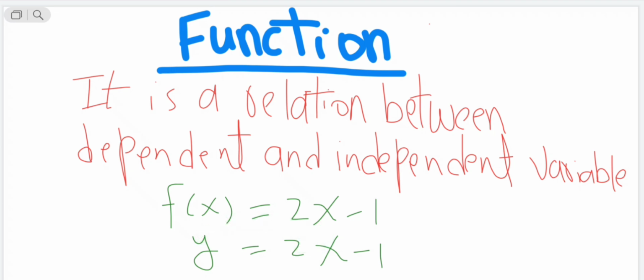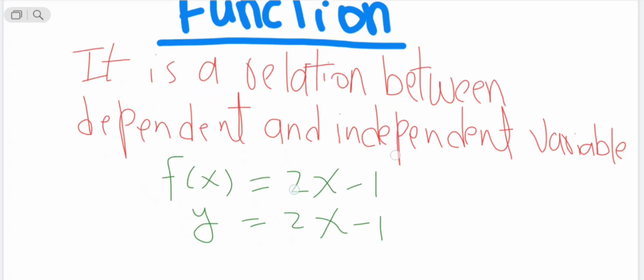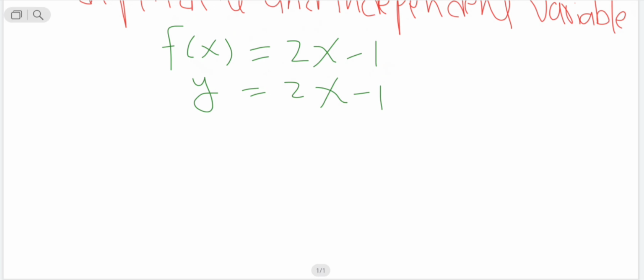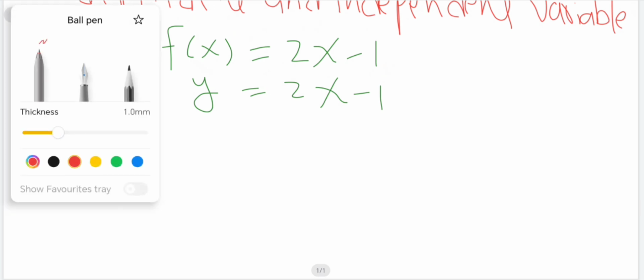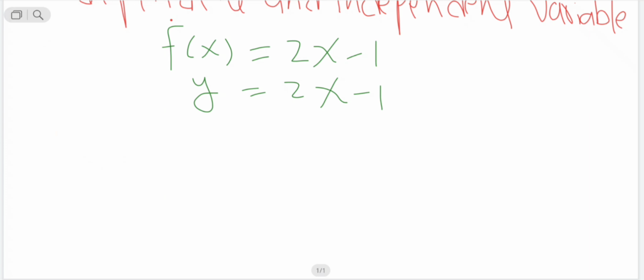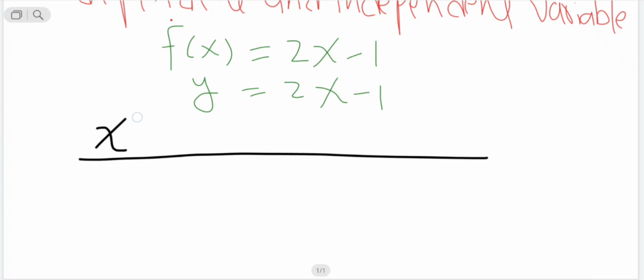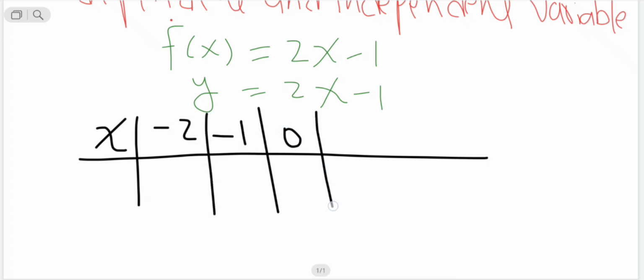How? Let's see. I will show you some examples by using the same question. For example, we have x values given. What are the values of x? Minus 2, minus 1, 0, 1, 2. These are the values of x.